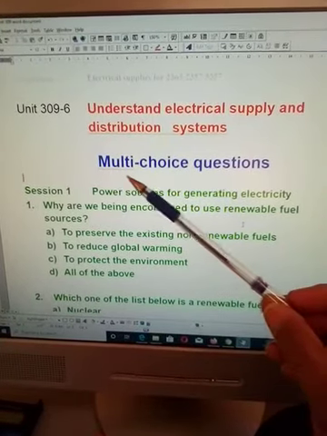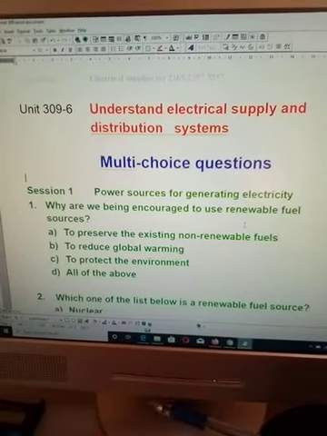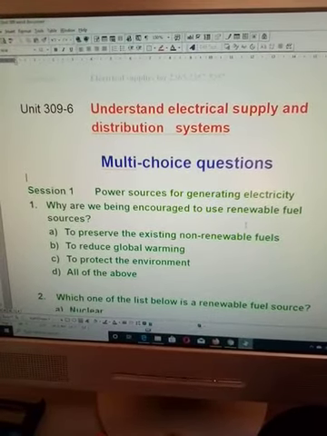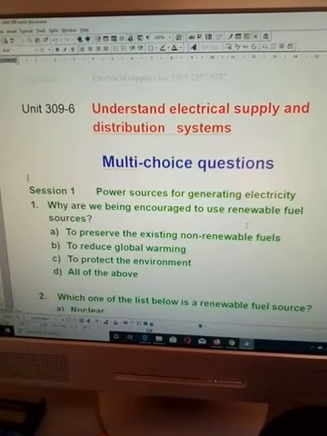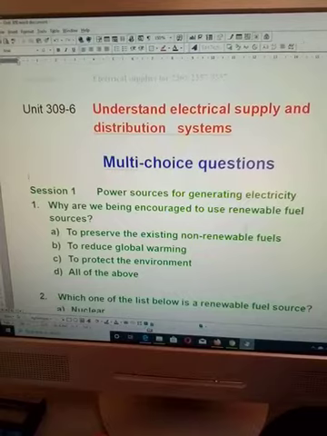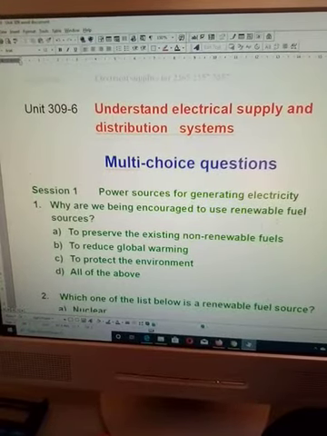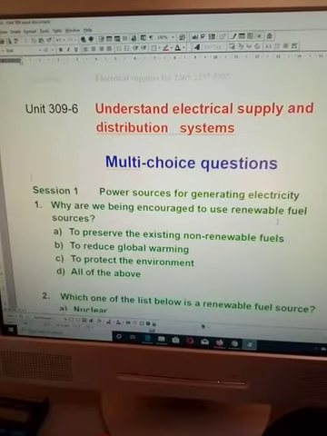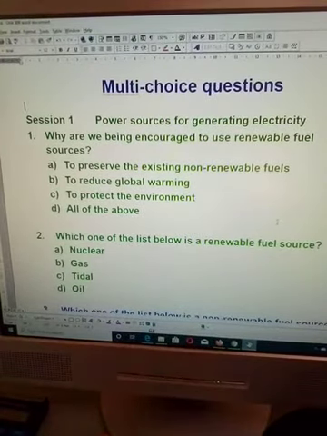Okay, multi-choice questions. Now, power sources for generating electricity. Why are we being encouraged to use renewable fuel sources? Now, obviously, you'll need to select the correct answer from the choice given. You have handouts which you have received prior to this.